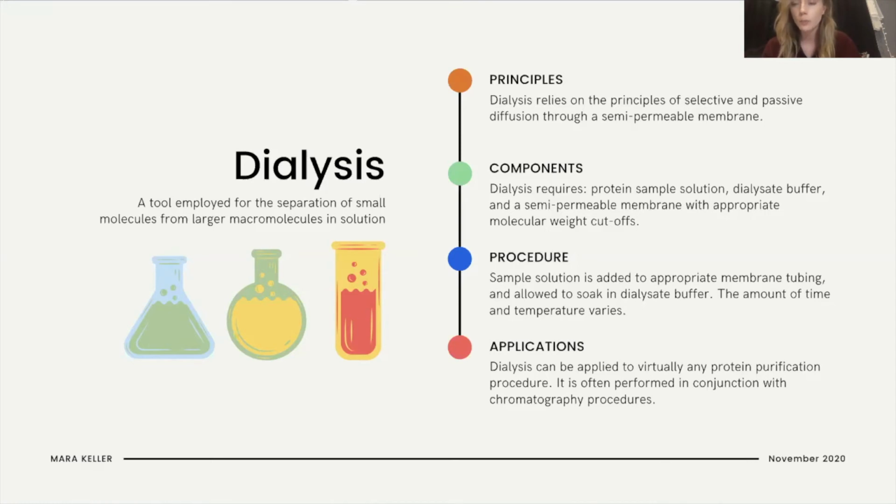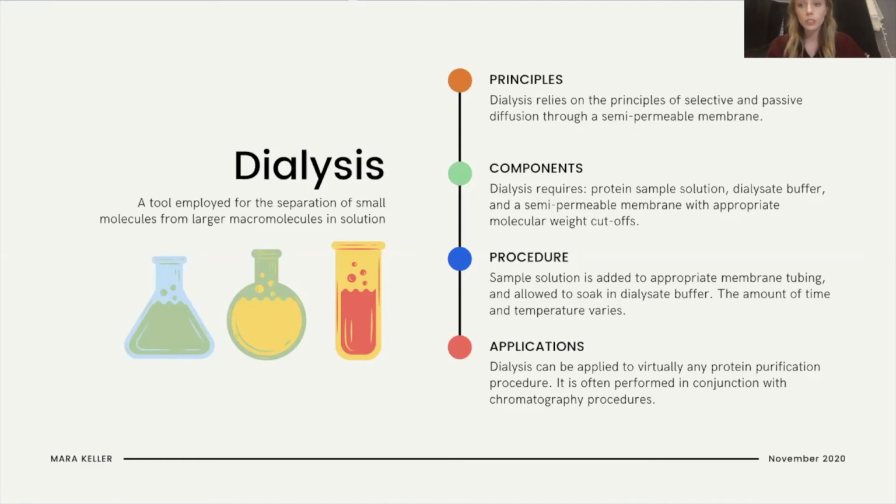I know for a lot of protein samples, if you're worried about degradation or other things like that, they'll normally be done at 4 degrees Celsius. However, the colder it is, of course, the longer it will take. So these are all things to take into account whenever you're doing a dialysis solution, is you want to make sure the conditions are prime for your sample solution.